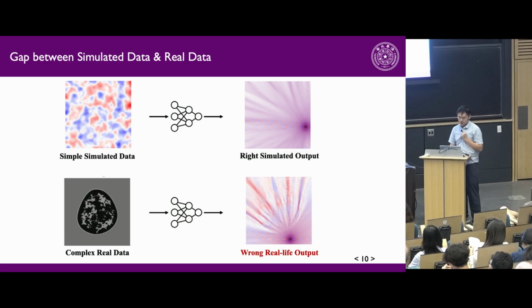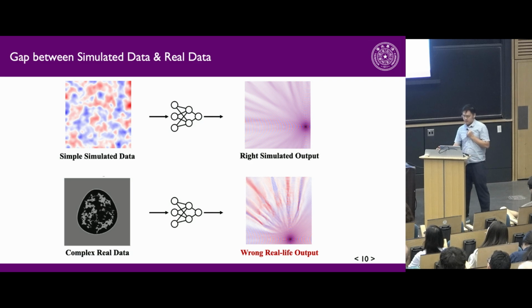In biomedical imaging, we do not have enough real data. Existing research uses simple media like Gaussian random fields and simple shape data, which look nothing like the complex real data in clinical diagnosis. If we train on this data, the network will completely fail when we apply it to clinical diagnosis.